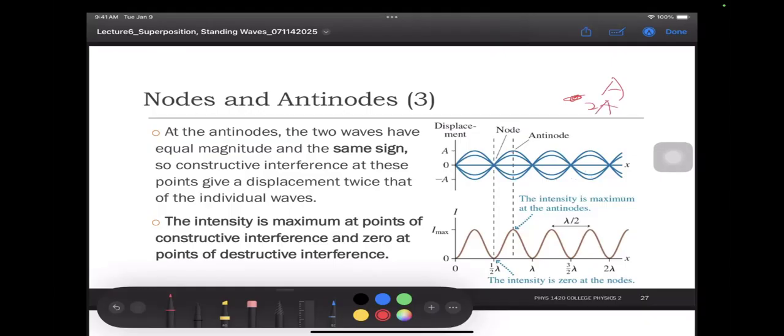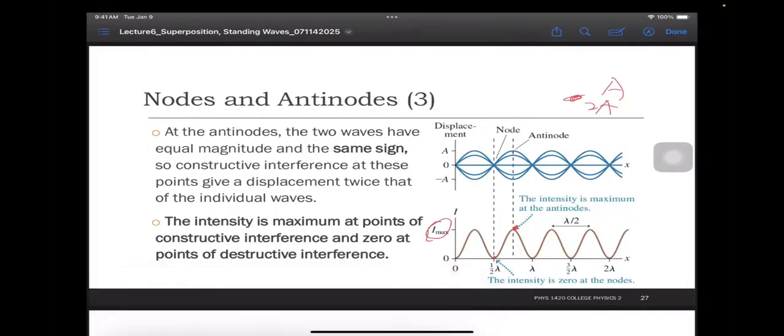The intensity is maximum at points of constructive interference and zero at points of destructive interference. You can see here it is maximum, and zero at the destructive interference.